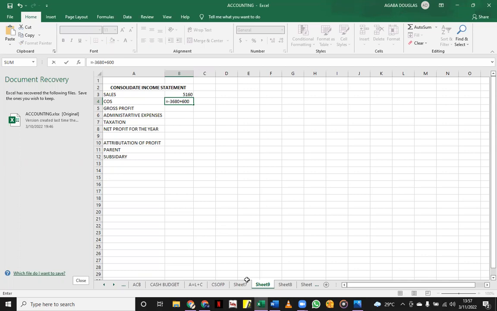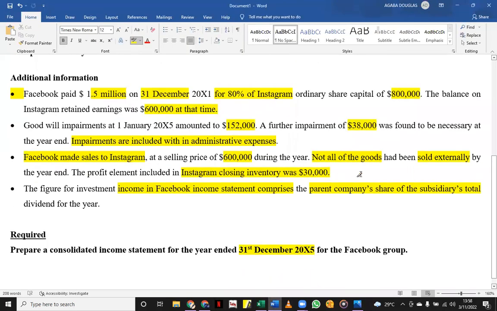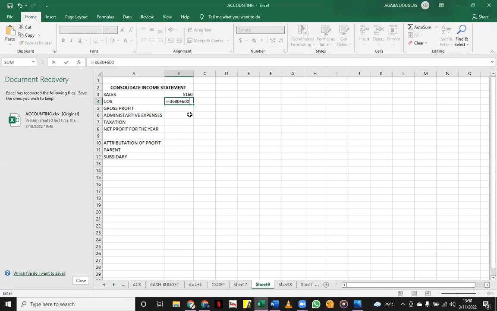And then the question also went ahead to tell us that there was unrealized profit of 30,000. So we will simply come and then we say, and then we less the 30. Why am I lessing the 30 is because a negative plus a negative gives you a negative. And why am I putting the positive on the 600 yet we're supposed to less it is because the negative is big.